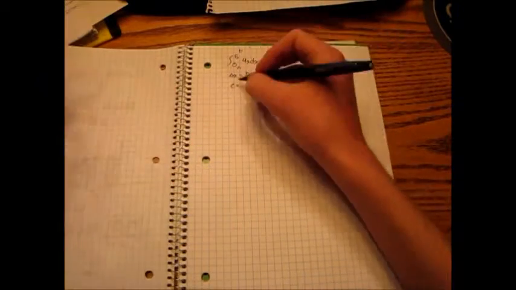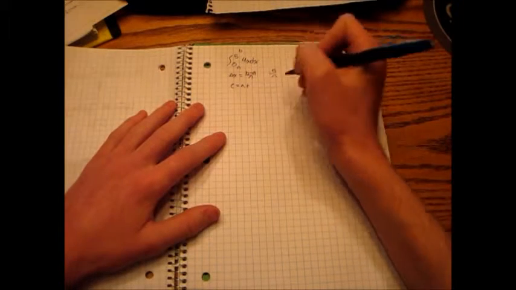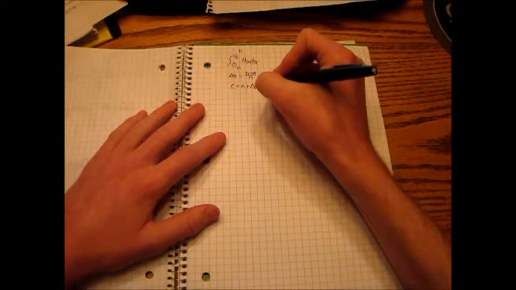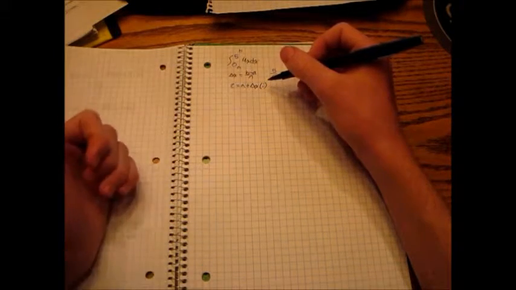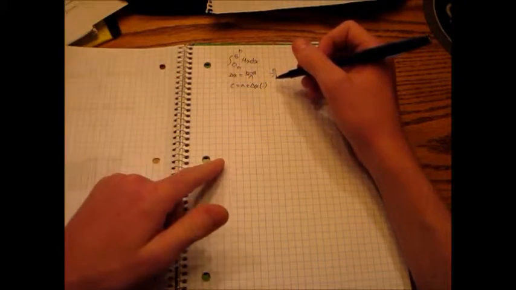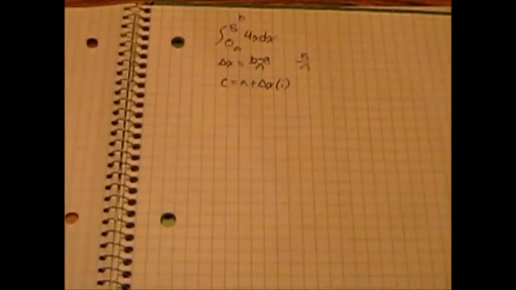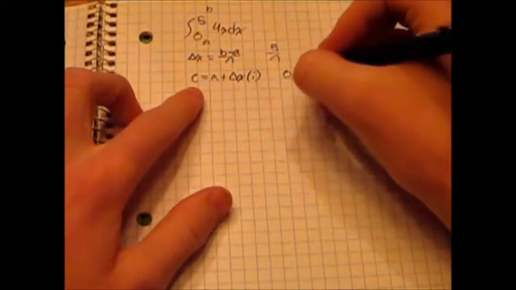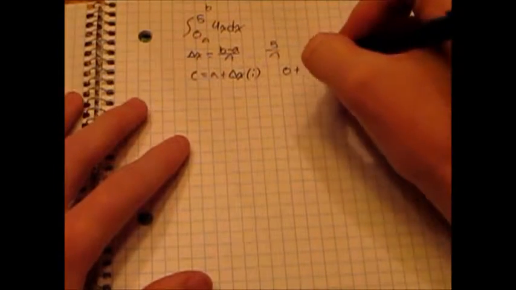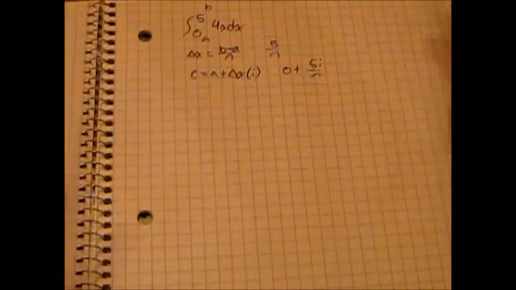In all cases, it's going to be a plus delta x times i, and the i's, remember, they're part of the summation formula, so they're really important and we have to know those. So in this case, we're going to get 0 plus 5i over n. So this is a really super simple one.